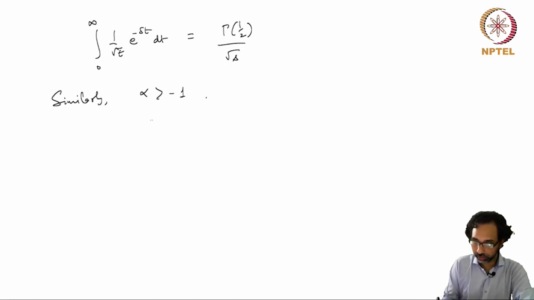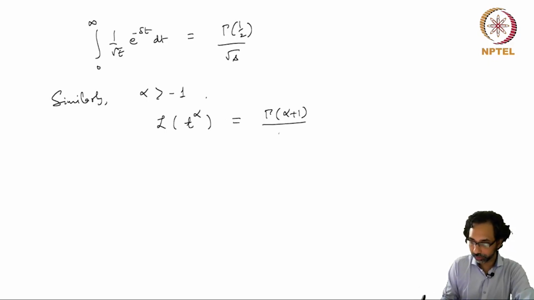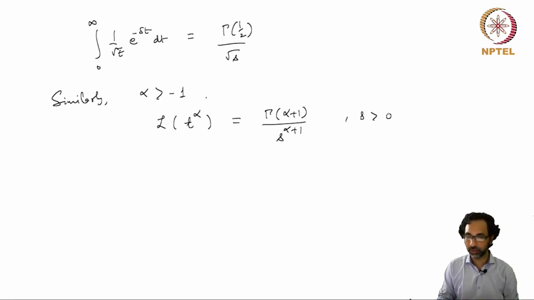We will get that the Laplace transform of t to the power alpha is equal to gamma of alpha plus 1 over s to the power alpha plus 1, defined in the region s greater than 0.